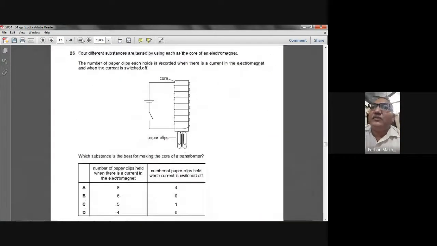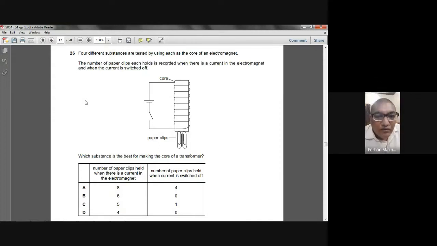The next question coming up on your screen is question number 26. Four different substances are tested by using each as the core of an electromagnet. The number of paper clips each holds is recorded when there is a current in the electromagnet and when the current is switched off.